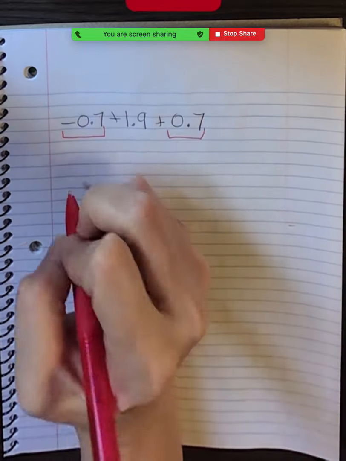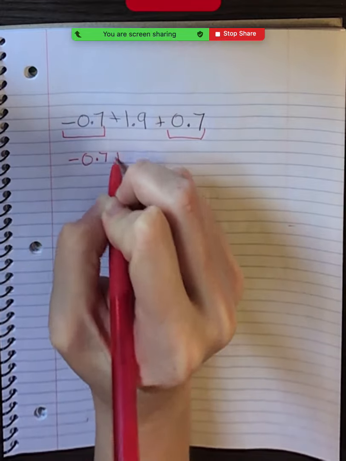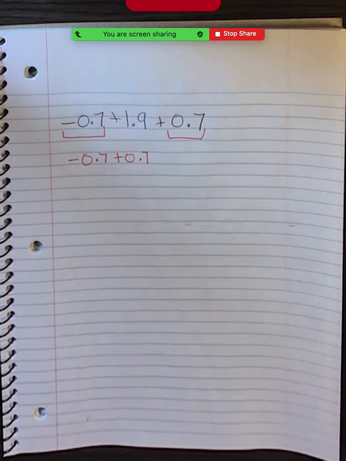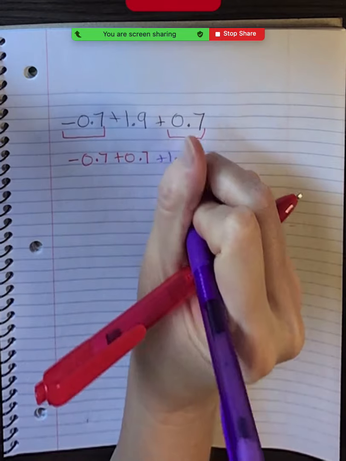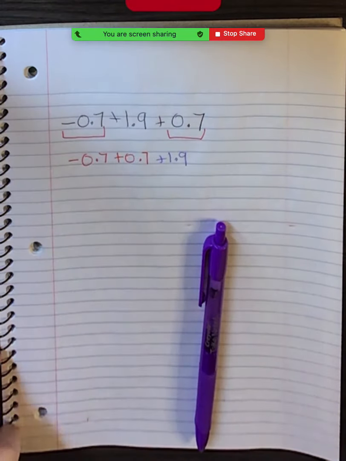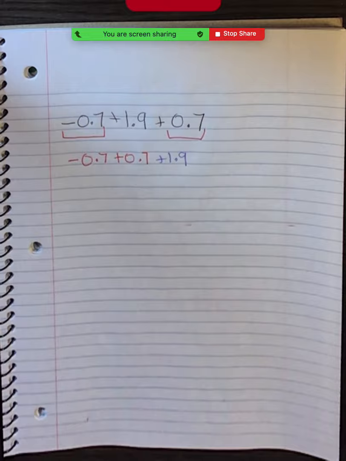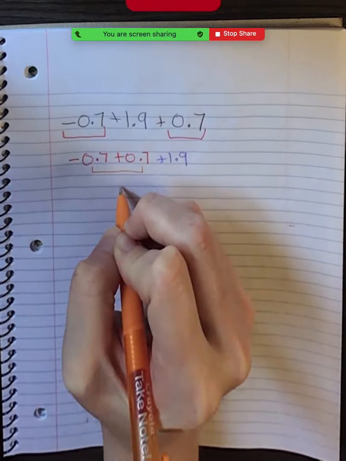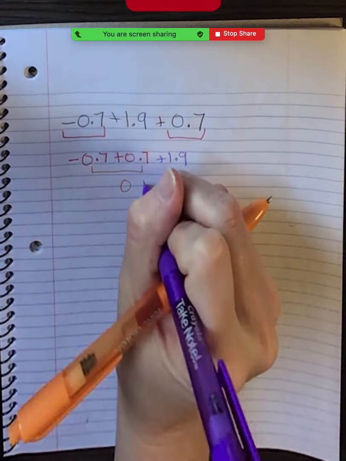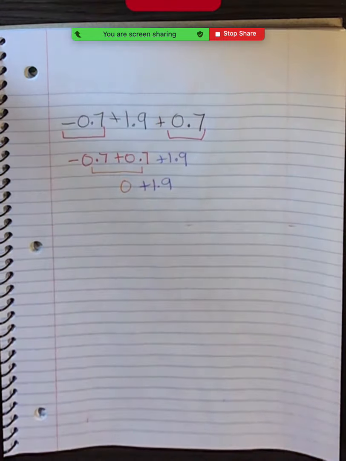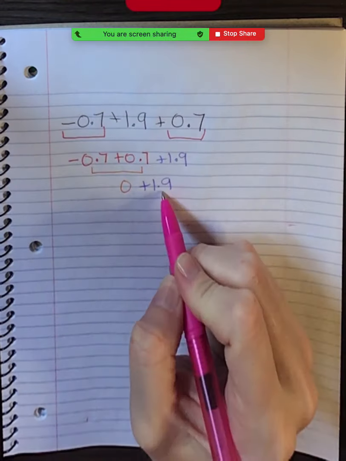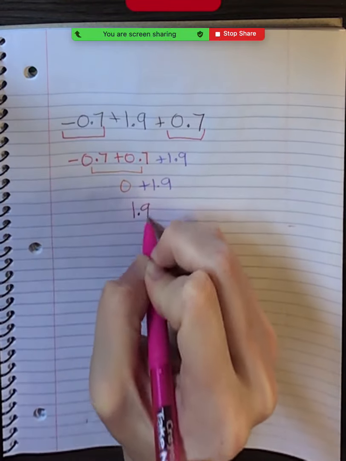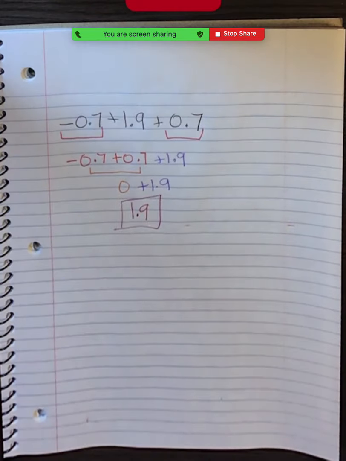So I'm going to add those first. Well then I have a property that says when you add a number and its opposite, you get 0. So this gives us 0. And then we have a property that says any number plus 0 is the number we started with.